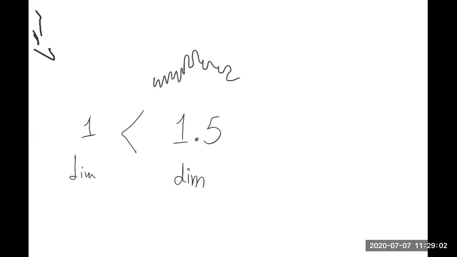If you have something like 1.5-dimensional space, in some sense, it's more than a one-dimensional space. It's more than a line. That thing was so detailed. You can start from something, you can look at a curve which is kind of broken, like that snowflake.